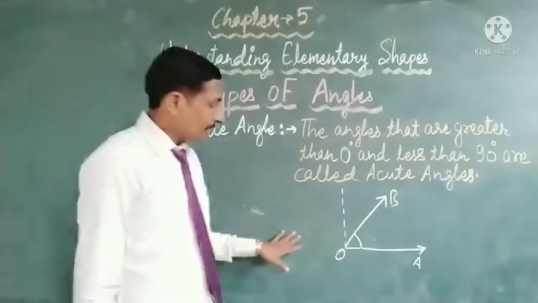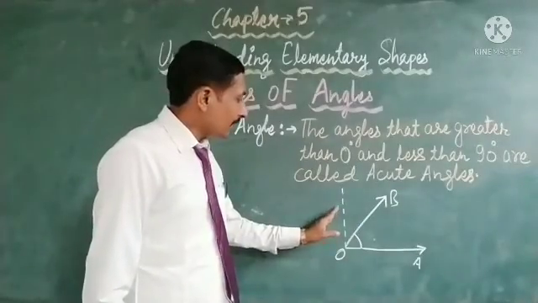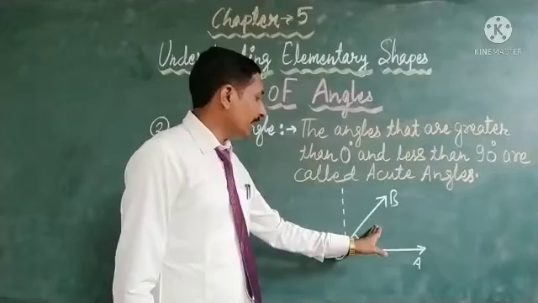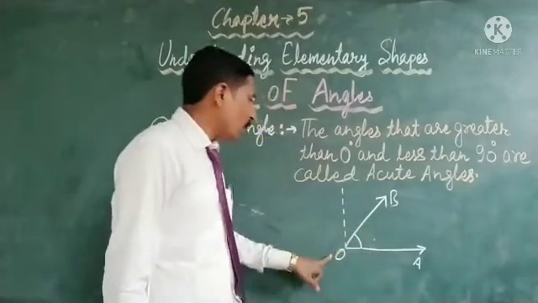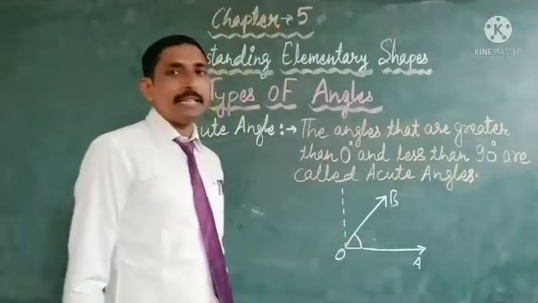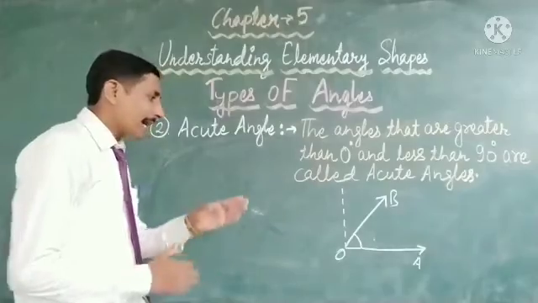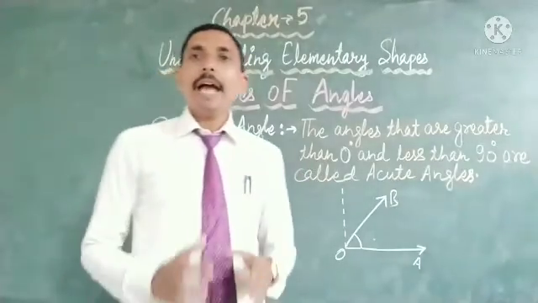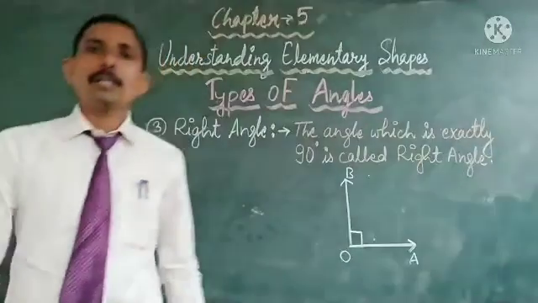Here you see the figure, the angle AOB is less than 90 degree and greater than 0 degree. That's why angle AOB is an acute angle.